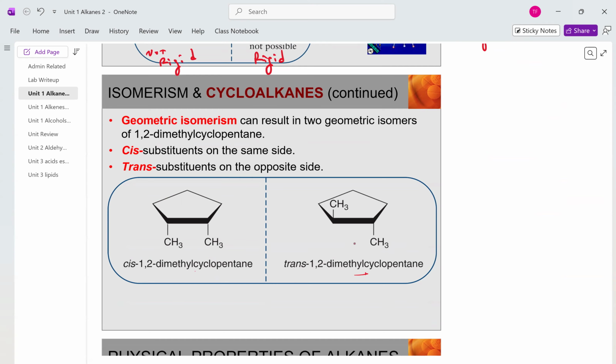Now, it's cyclic. That means that those carbon-carbon bonds are rigid. So we need to designate this one from this one. It has to do with whether they're on the same side or not, or opposed. Now, you've heard of trans because of the trans fat in nutrition. Trans fats are also widely available whenever you modify a fat. You usually end up with trans fats.